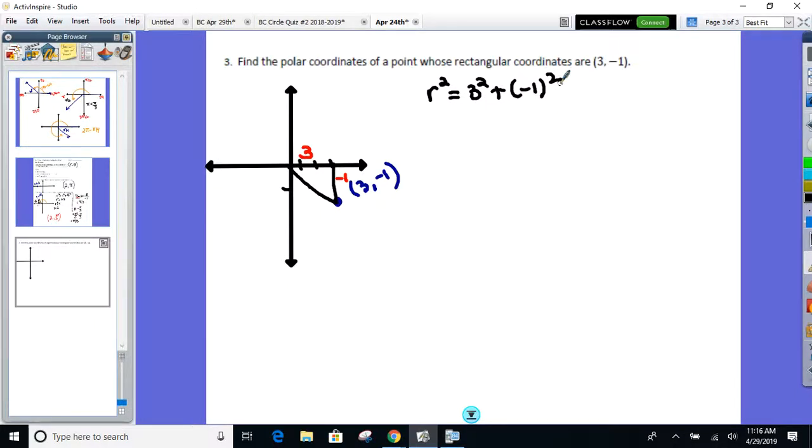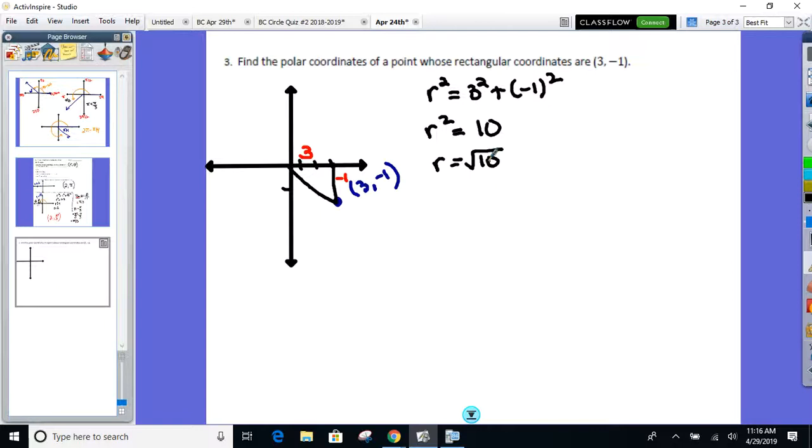Make sure you use parentheses if for some reason you need to know what negative 1 squared is on your calculator. We got r squared equal to 10. So the r value is going to be, and you can just leave it like this, square root of 10. Don't give me any sloppy decimals.